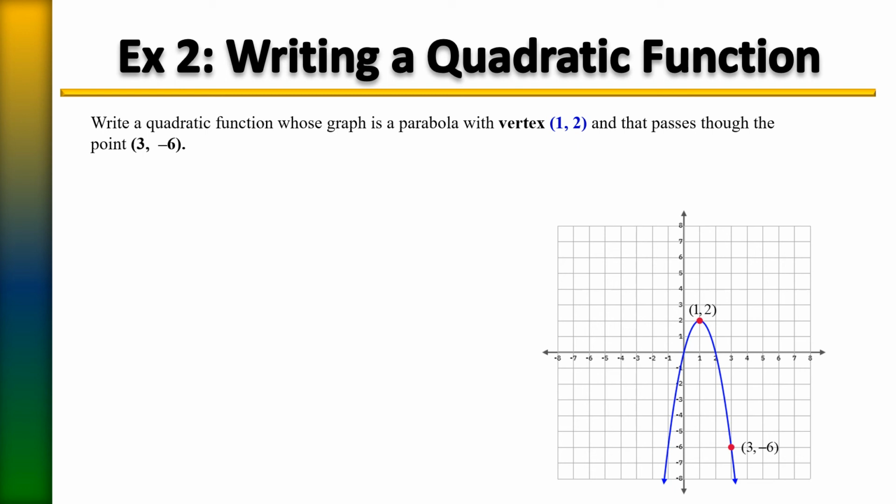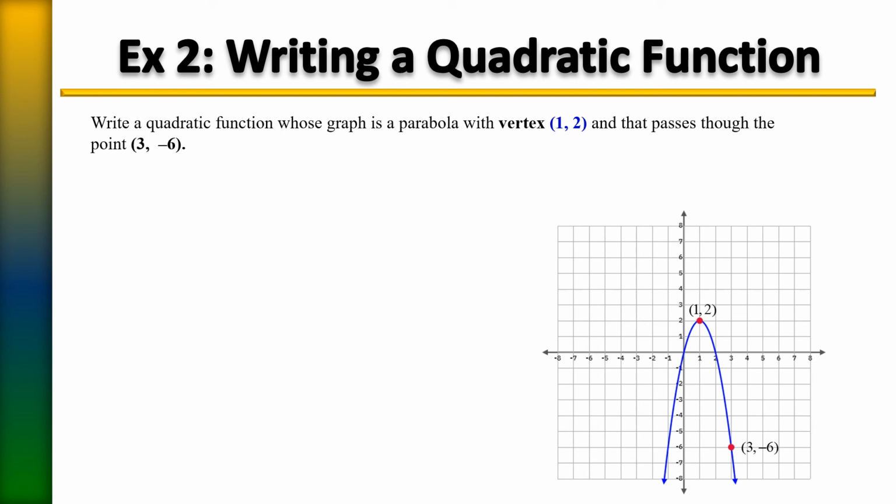So we can expect for the a value to be a whole number and not a fraction. Also, if you look at the parabola, it opens downward, which means that it was reflected about the x-axis, so that number is going to be a negative number. Okay, so a negative whole number.